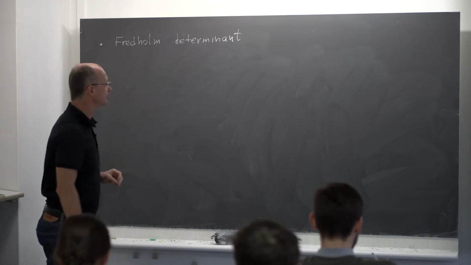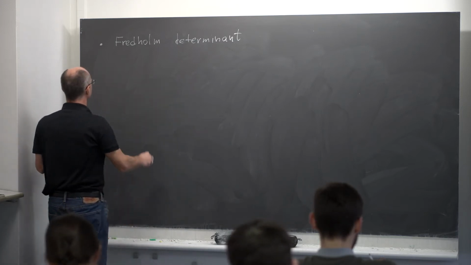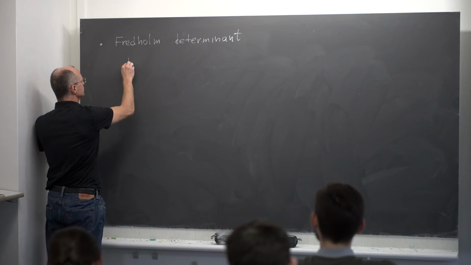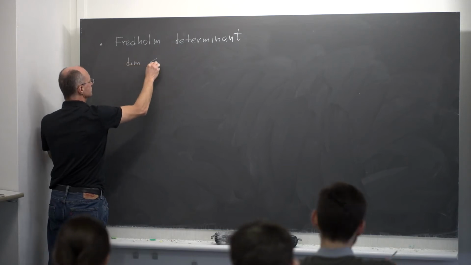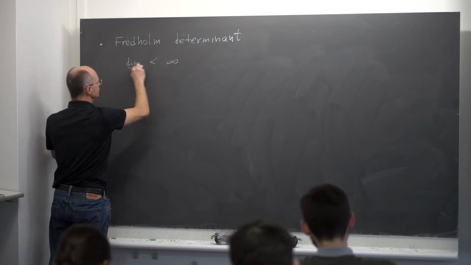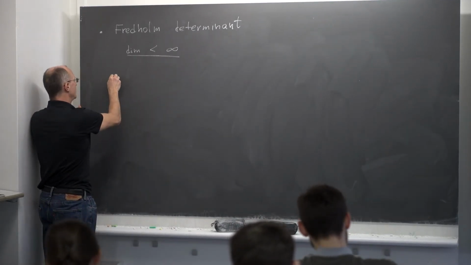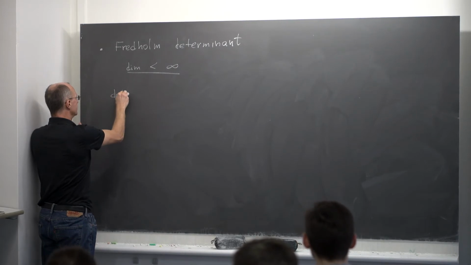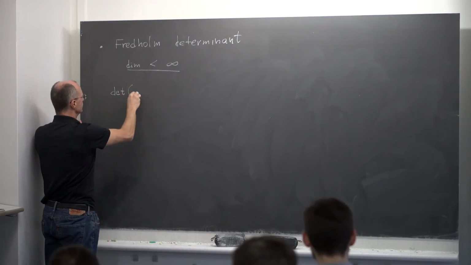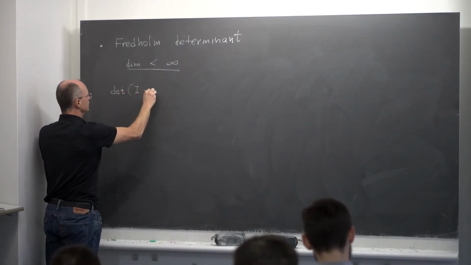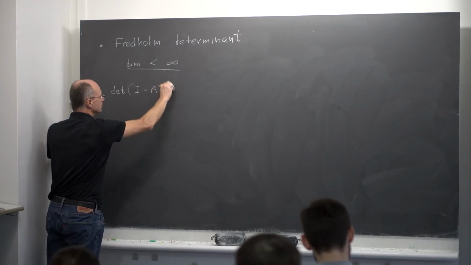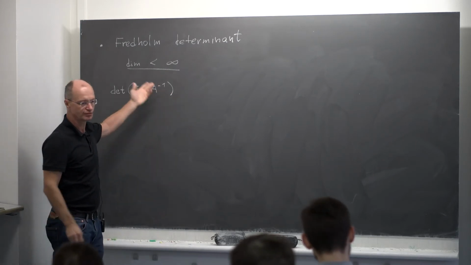So let me first look at the following finite dimensional situation, and then the infinite dimensional one. So let me write the following obvious finite dimensional formulas. So the determinant of 1 minus A inverse, right?